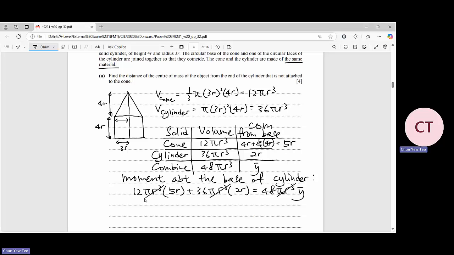All the pi r cube can be cancelled. So you have 60 plus 72. So your bar y is 60r plus 72r divided by 48. You can just press the calculator, you get the answer as 11/5 r. That is your bar y. So done for part A.